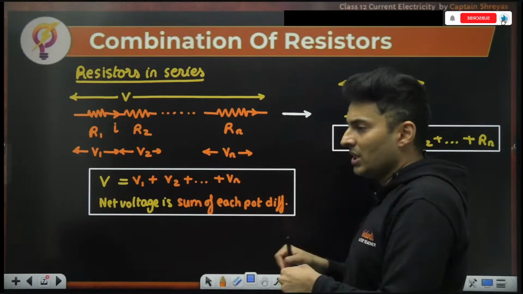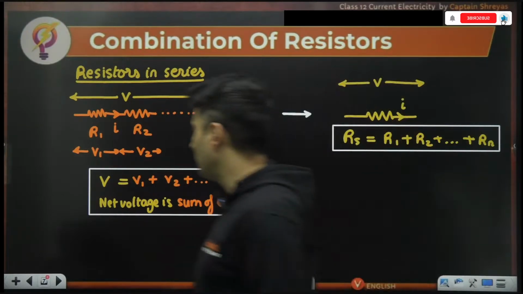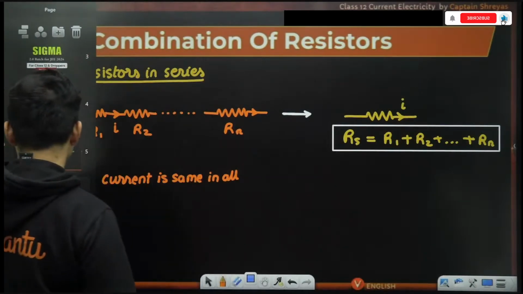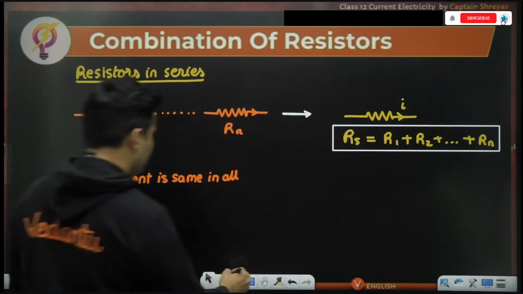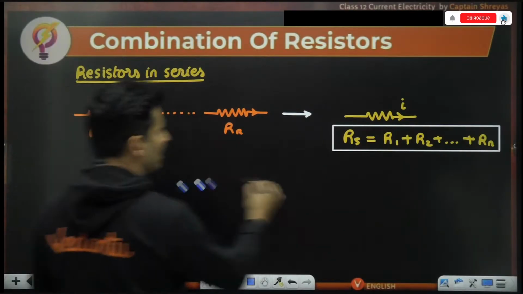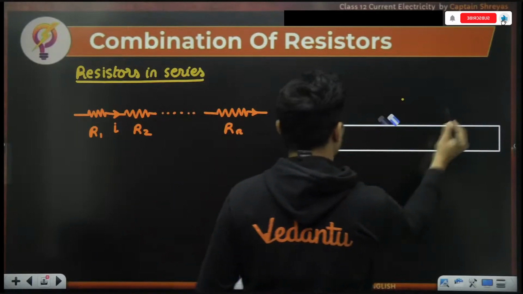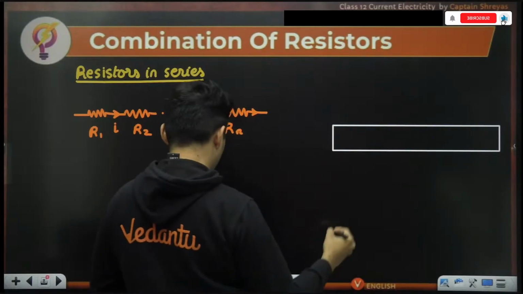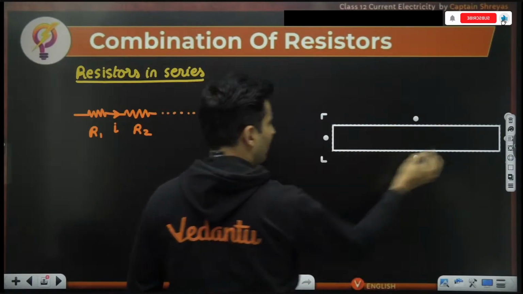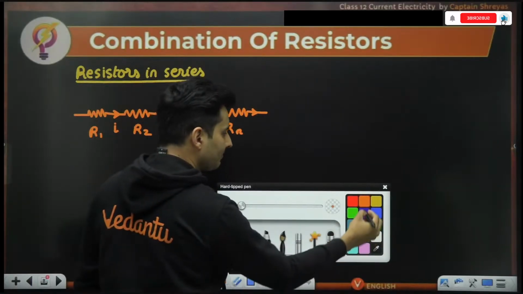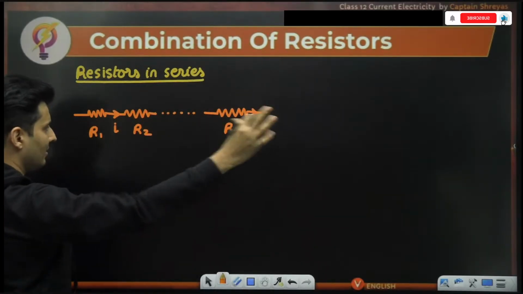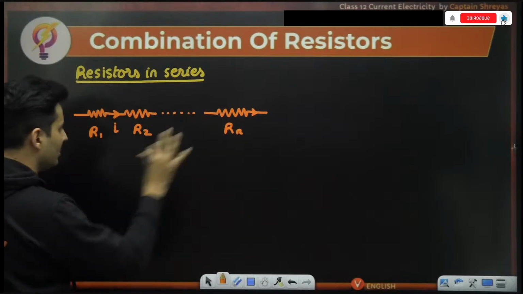This also leads me to another formula which we are going to talk about now. Let me put it over here. And this is also sometimes called the potential divider formula. Which says that, say for example, you take any resistor, doesn't matter.